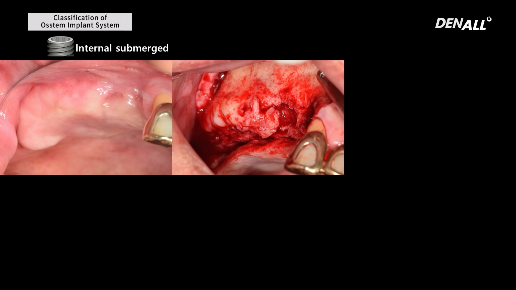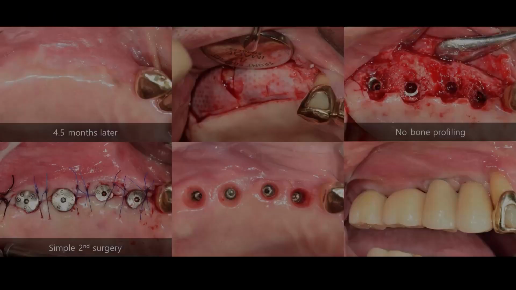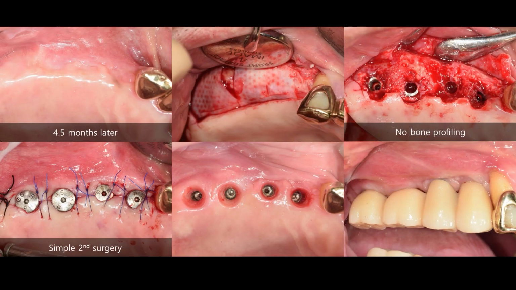So TS or KS internal submerged type implants facilitate the second surgery after the first surgery in GBR. You don't have to remove 100% of the newly generated bone around the implant platform to insert the healing abutment inside.